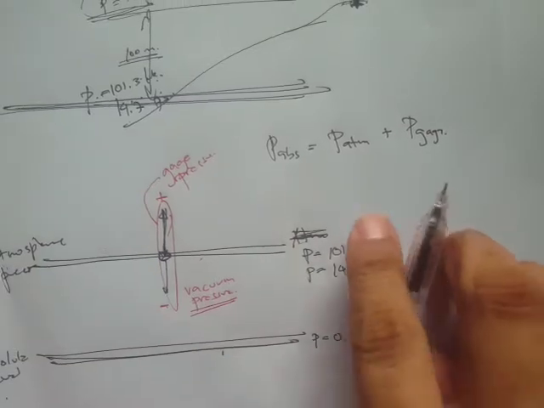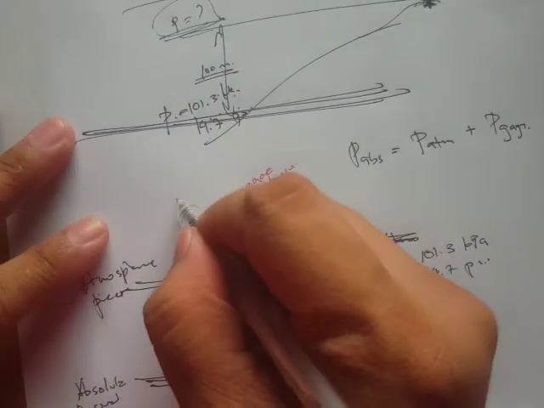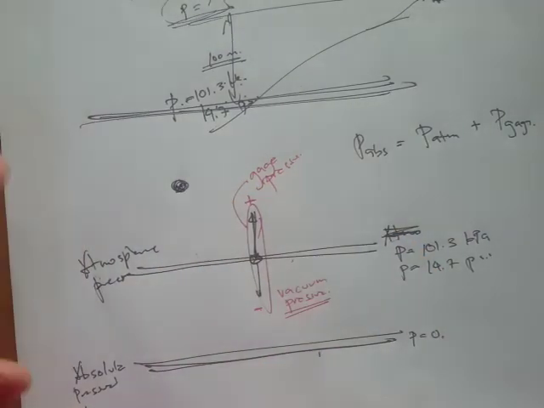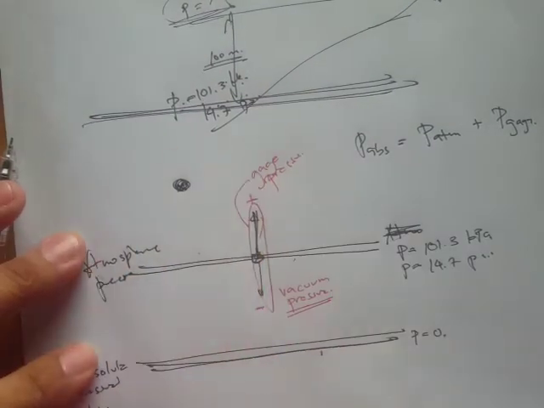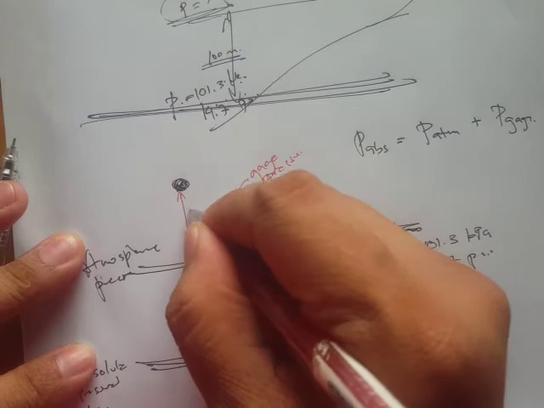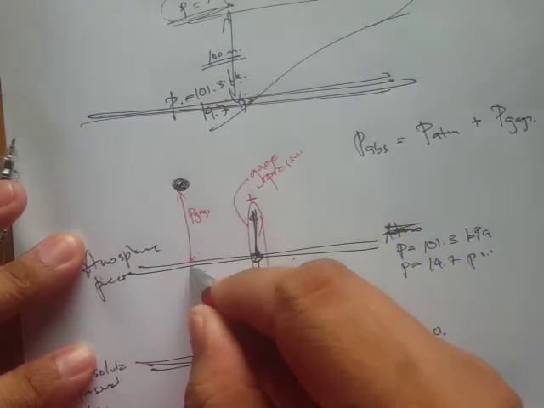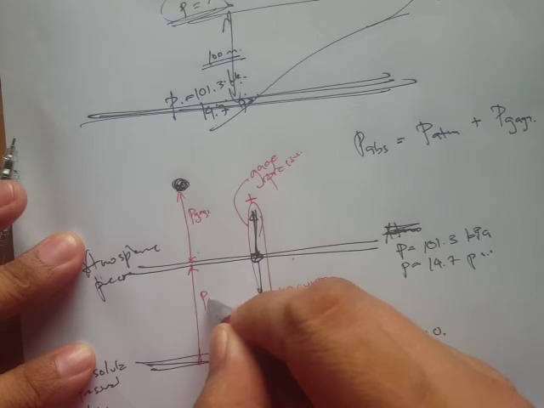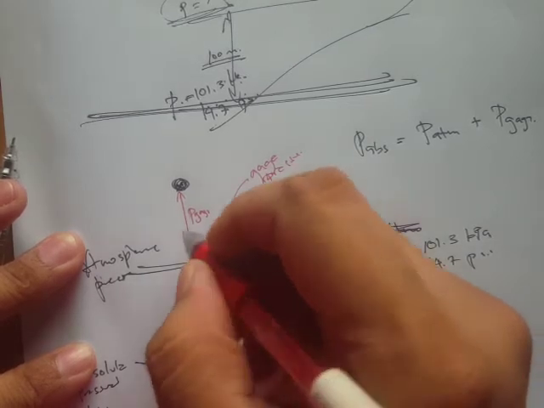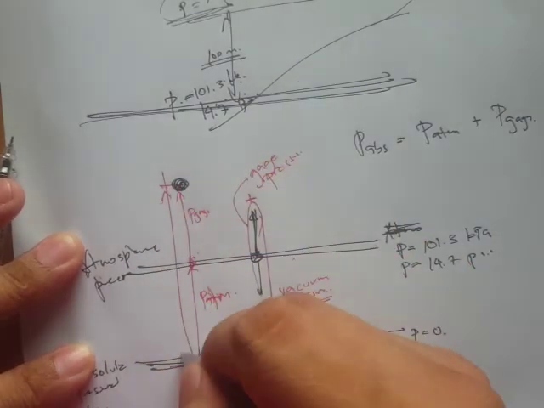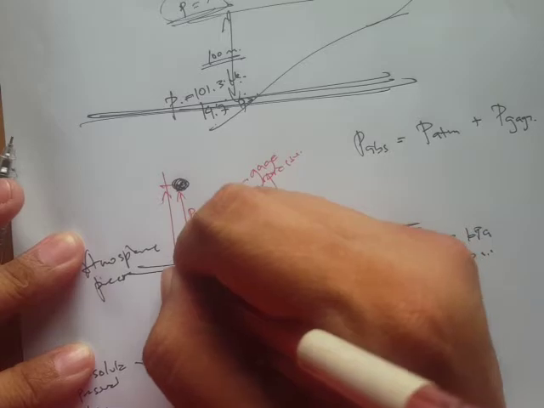For example, if I am trying to find the pressure at this point, then this one is the P gauge, and from this point to this point, that's P atmospheric. So from this reference line to this point, that's what you call the absolute.